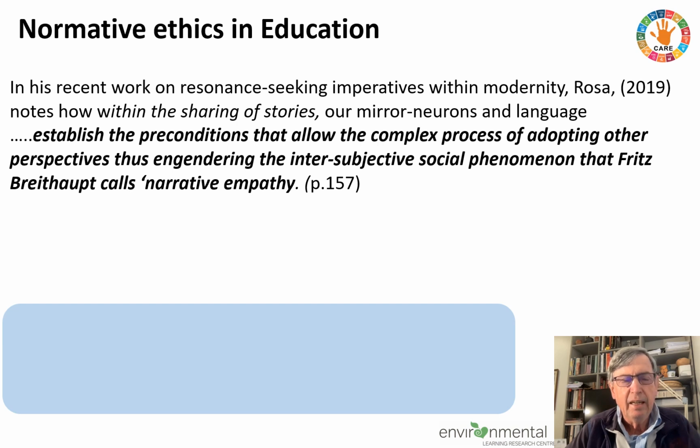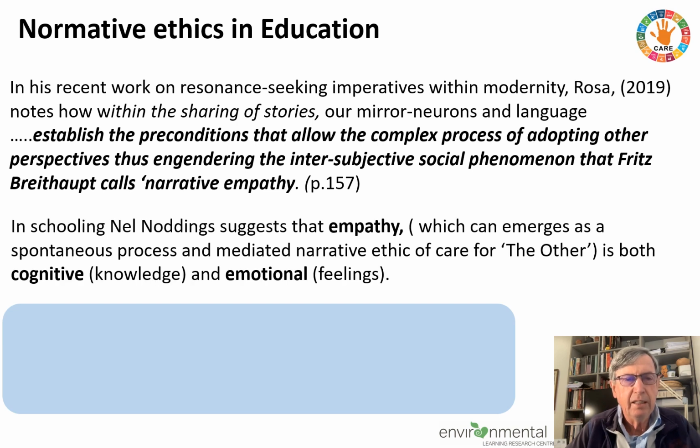So this narrative empathy is a process, and in schooling, Noddings suggests that empathy is a spontaneous process and mediated narrative ethic of care for the other, and that it is both cognitive, in other words, it involves developing knowledge, and emotional, it involves the feeling and responses in social situations.